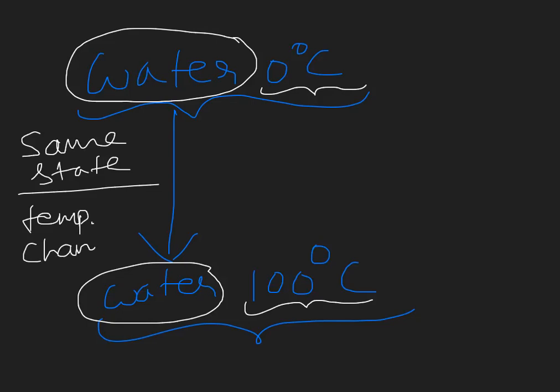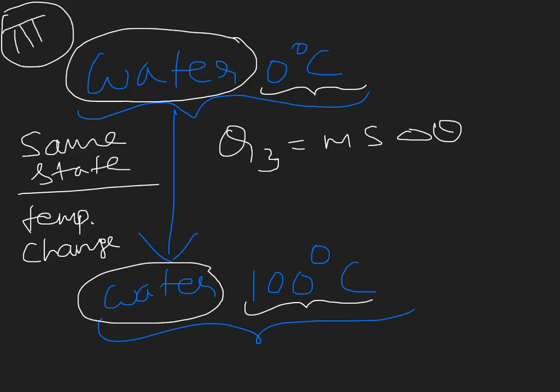Same state temperature change. What is our formula? Only two formulas we have. This is third case. So in the third point what we are saying now? Q3 equal to m s delta theta. So same state temperature changes, m s delta theta.